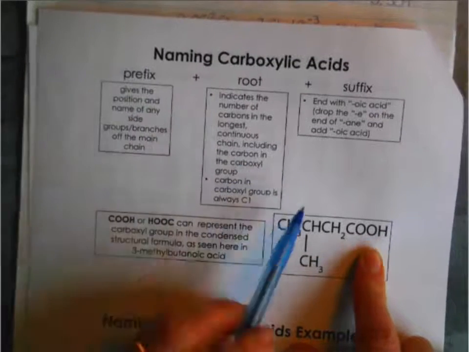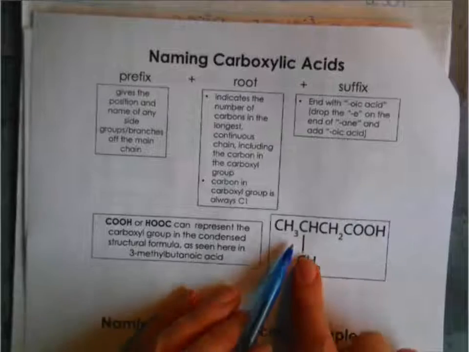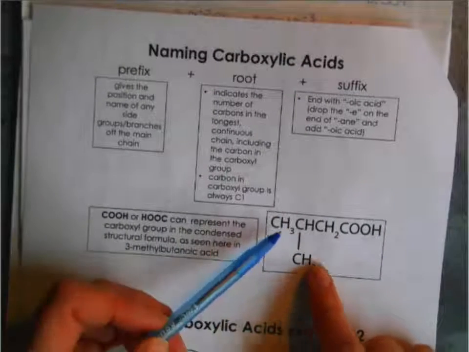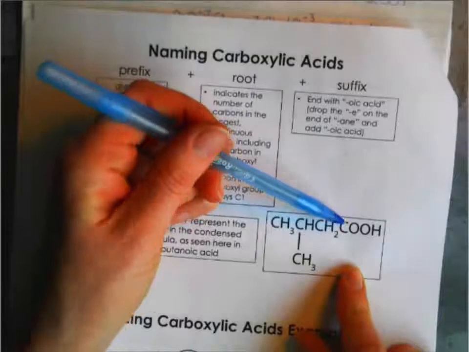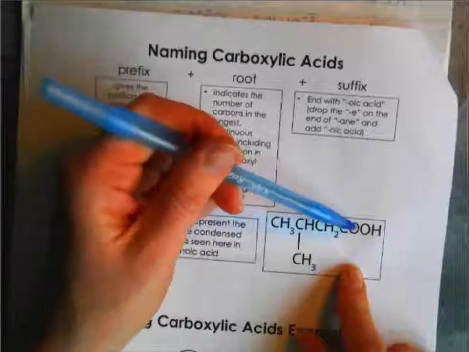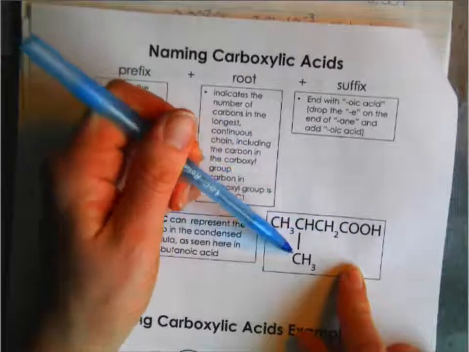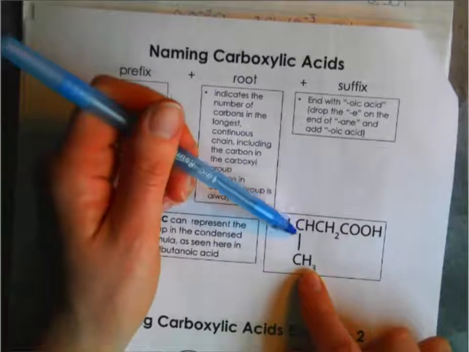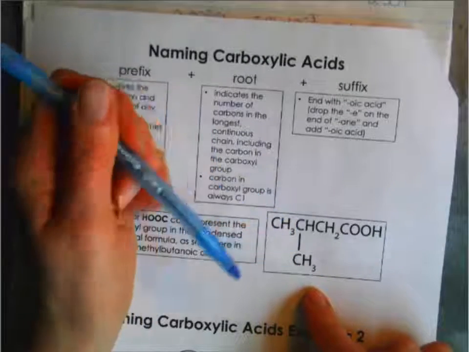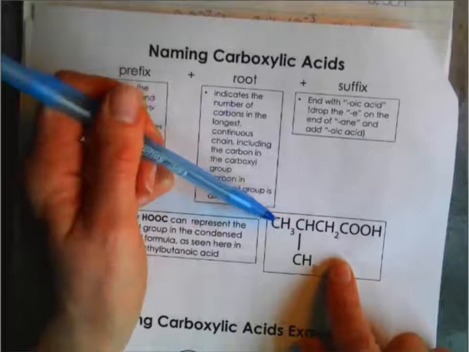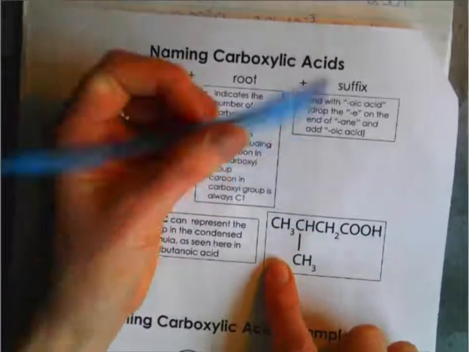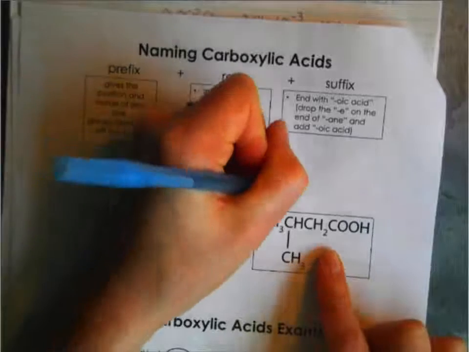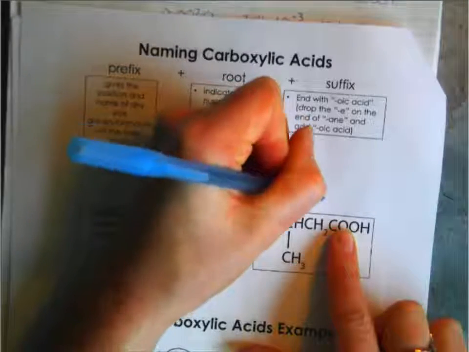If you were looking to name this one, you need to find your longest chain that includes this carbon. So if we start at this carbon, 1, 2, 3, 4, or 1, 2, 3, 4, it doesn't actually end up mattering because either way, the thing that branches off is just going to be a methyl group. So let's say we go straight across. We have 1, 2, 3, 4 carbons, and that means our root name is butane.